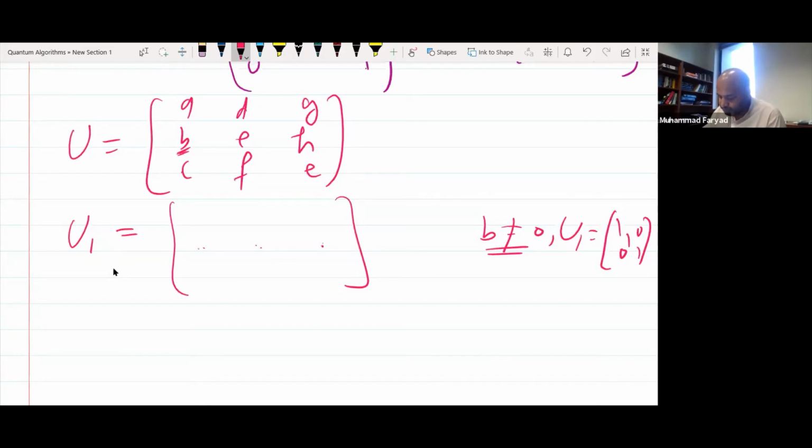So to get 0 here, my second row can be like this: I can have B here and minus A here and 0 here, because now when I multiply this row with this thing, you can see that this will be B into A minus B into A.